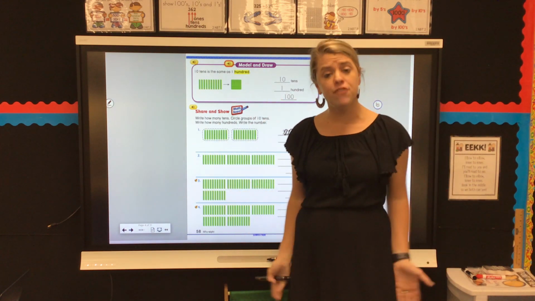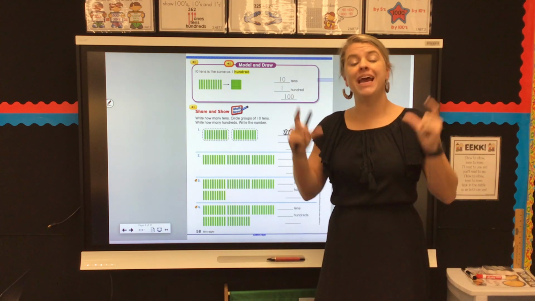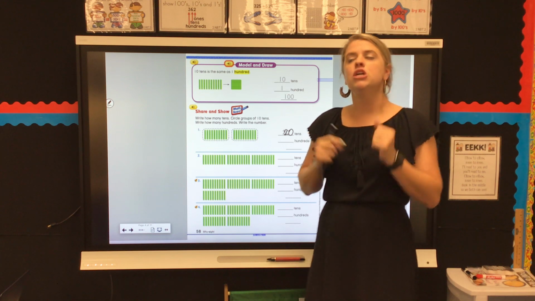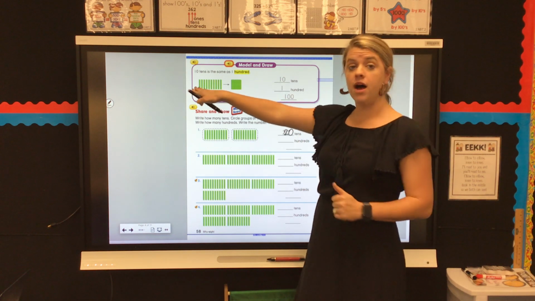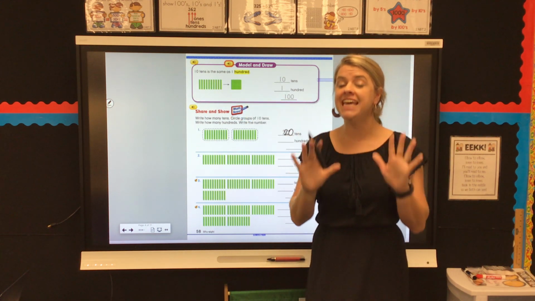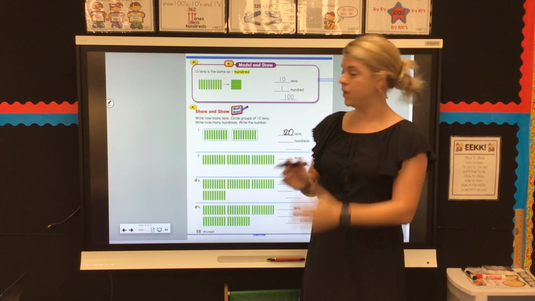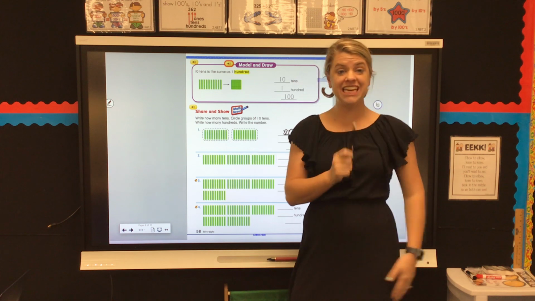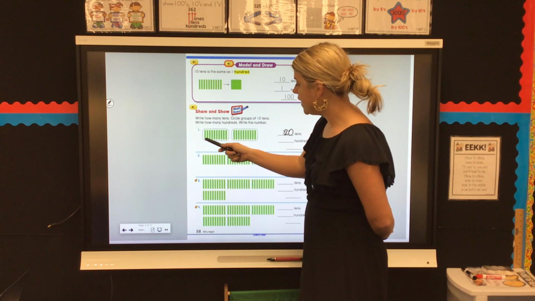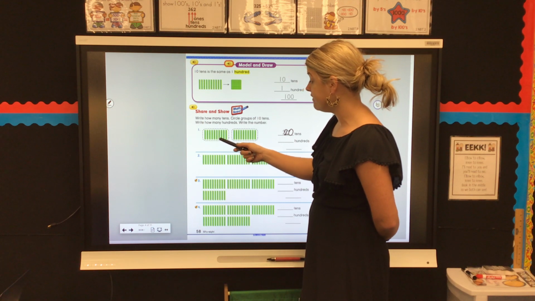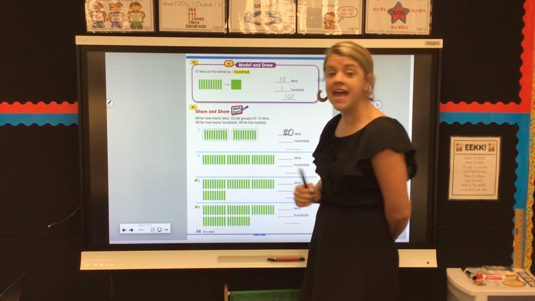Now, I don't want to have to count out all of those green 10 rods. It would take forever. So I want to know, can I make some trades and trade them for 100 flats? So we know from our model and draw that we have to have 10 rods to equal 100 flat. Okay? So here we go. Let's see if we have 10. 1, 2, 3, 4, 5, 6, 7, 8, 9, 10.